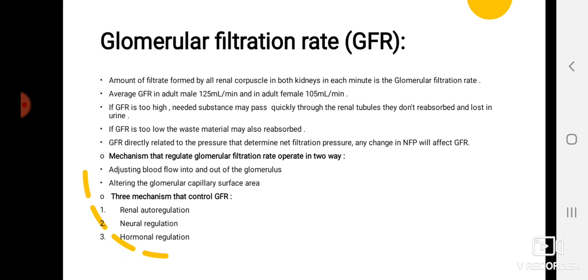The glomerular filtration rate maintains the homeostasis of the fluid.